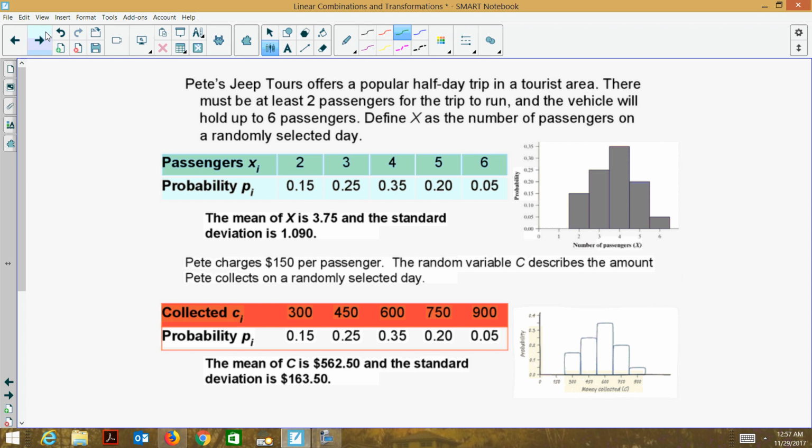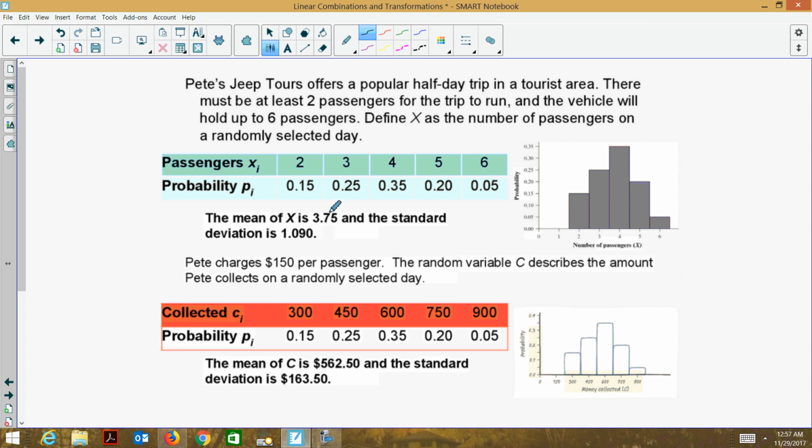So let's transform this variable to price. Pete charges $150 per passenger. So how can we apply that to this probability distribution table? Well, we can multiply each value by 150. If we were to multiply each value by 150, then the mean would change by the multiple of 150 and the standard deviation would change as well.